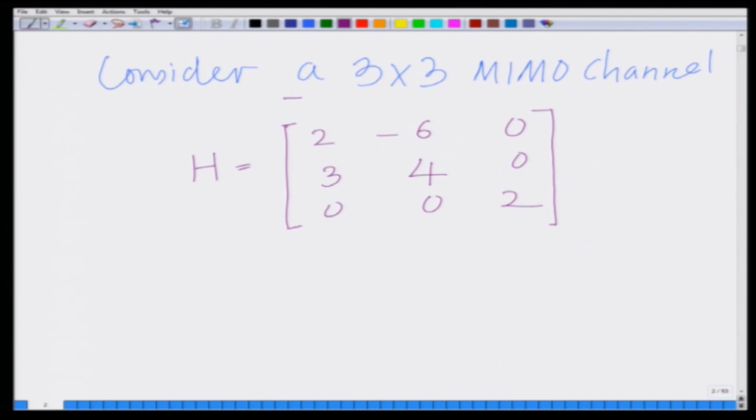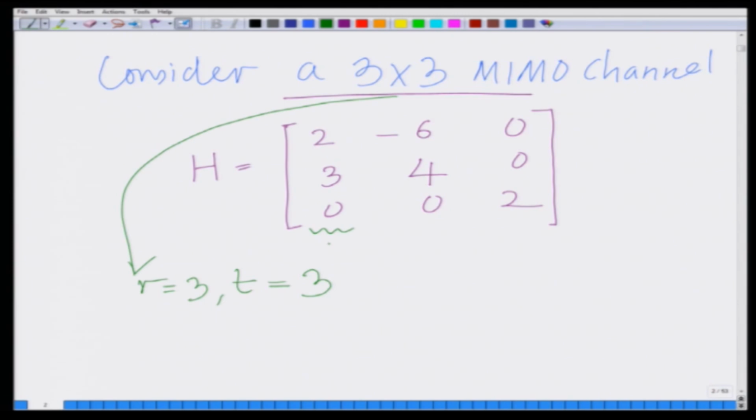So, this is a 3 cross 3 MIMO channel, which means that my R is equal to 3 and my T is equal to 3, that is the number of receive antennas is equal to 3, the number of transmit antennas is equal to 3, and my channel matrix H is this 3 cross 3 matrix.